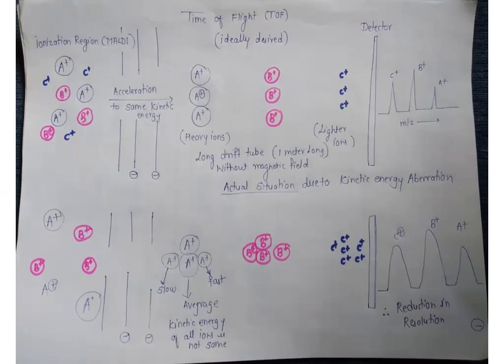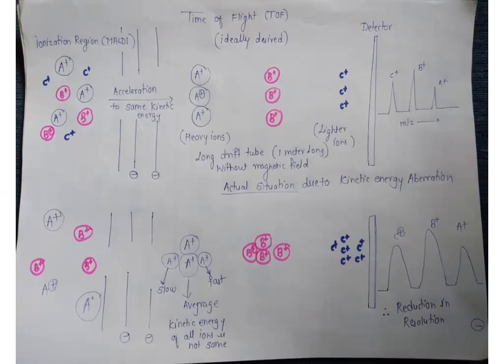Now what's going to happen is initially the potential energy of all the ions of A is not same. Similarly, those ions are being generated in various regions of your ionization region. Some of them are close to that of the accelerating plates and some of them are far away from the accelerating plates. So naturally, their kinetic energies are going to be different.